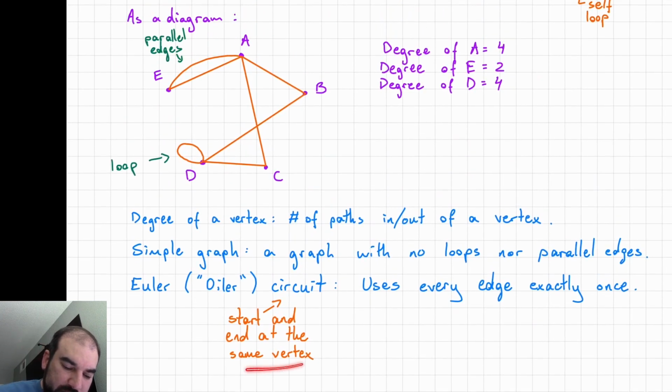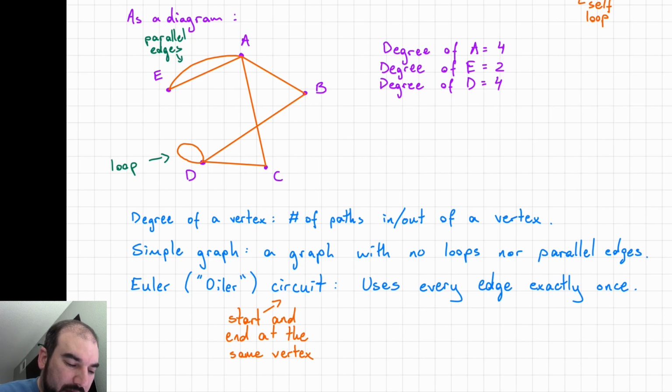An Euler circuit will start and end at the same vertex and will use every edge exactly once. It's essentially a path around the graph from vertex to other vertices using edges, where you can go around the whole graph and you will use every edge exactly once, and you start and end at the same vertex.